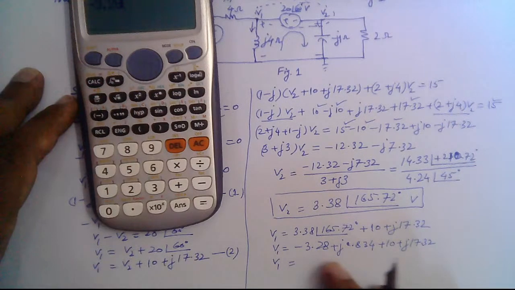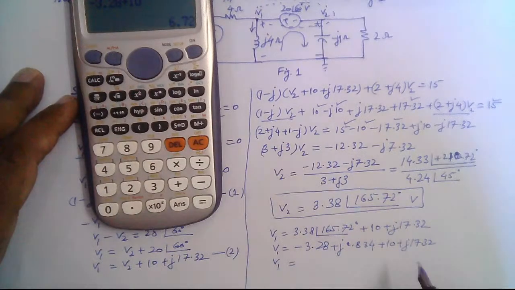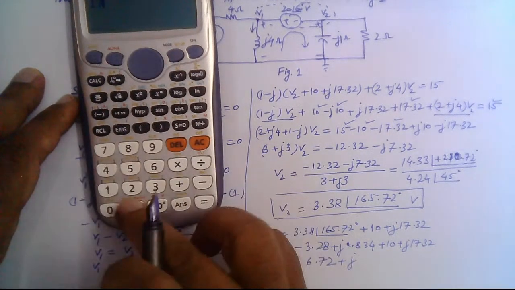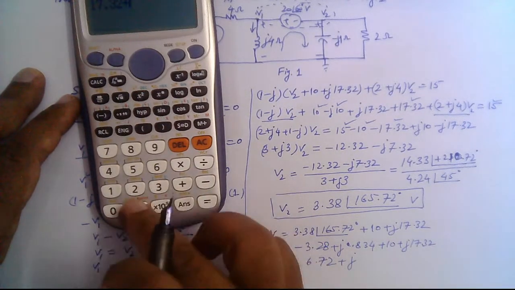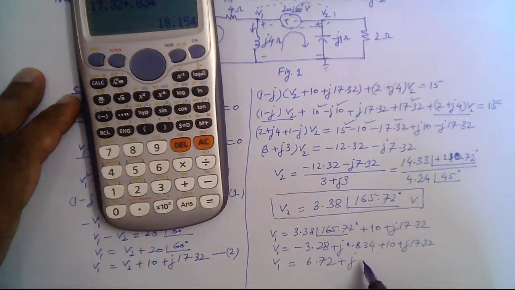that's minus 3.28 plus 10, so that is 6.72, and then plus j17.32 plus 0.834, that is 18.154 volts.